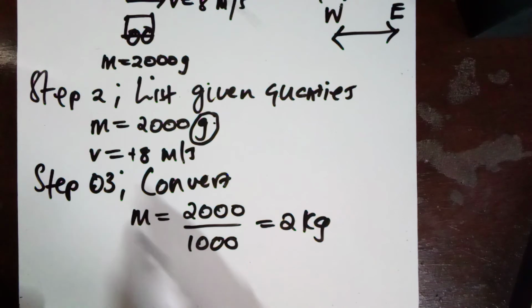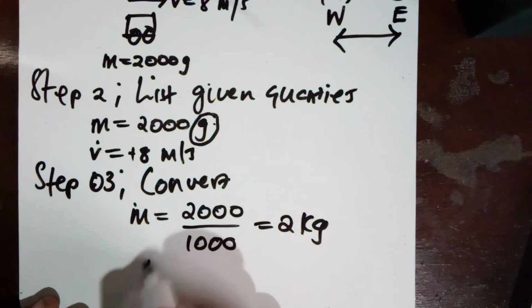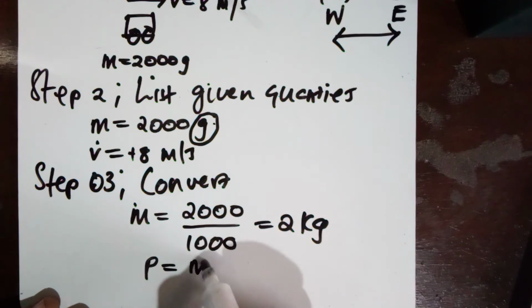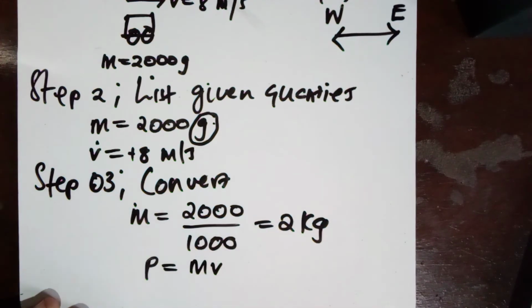Then we have the mass and the velocity, which means we can calculate the momentum using our formula. The formula for momentum is P equals mv.